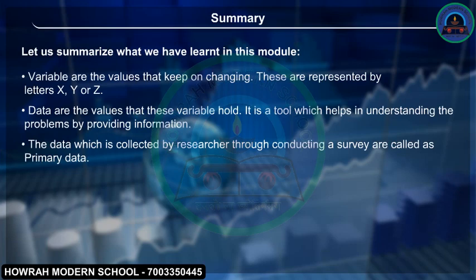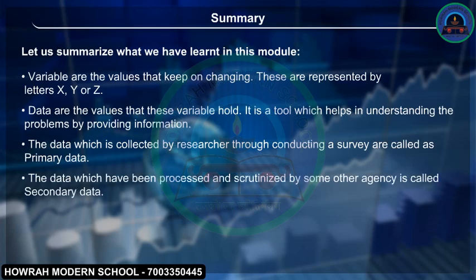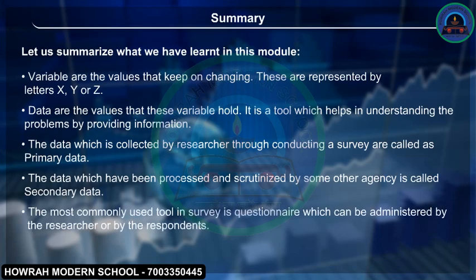The data which is collected by the researcher through conducting a survey is called primary data. The data which have been processed and scrutinized by some other agency is called secondary data. The most commonly used tool in a survey is the questionnaire, which can be administered by the researcher or by the respondents.